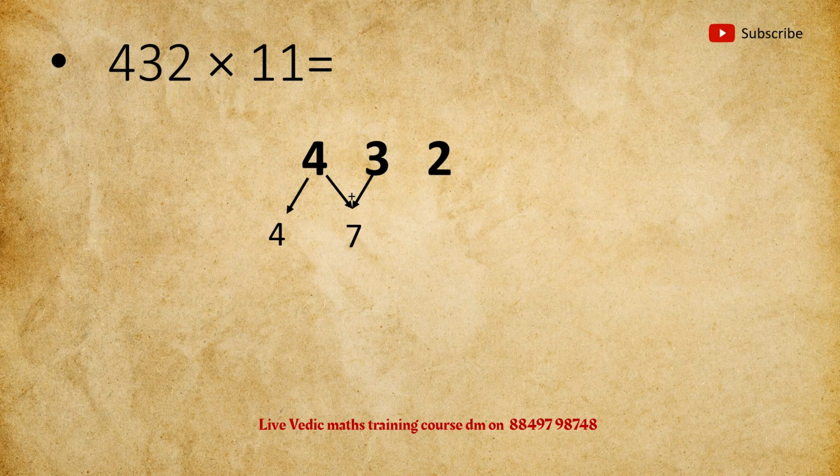Our third step is we will do addition of 3 and 2. 3 plus 2 is 5. We will write 5. Our fourth and last step is we will write the last digit as it is, which is 2. So we will write 2 as it is. So here 4752. This is your final answer.